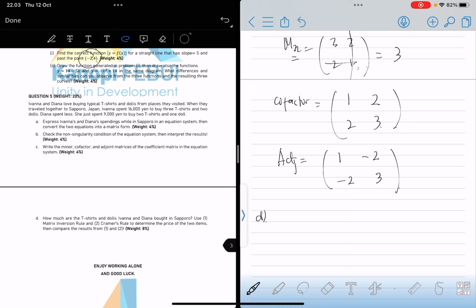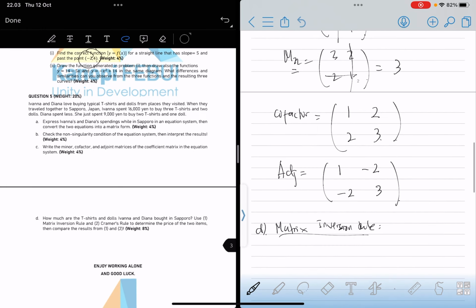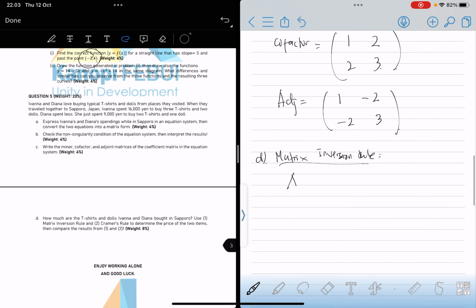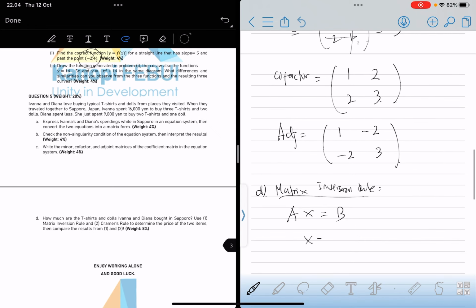So for the matrix inversion rule, as I have written before, AX equal to B. So we have to find X because we have to find T and D. So X is A inverse times B. Okay.